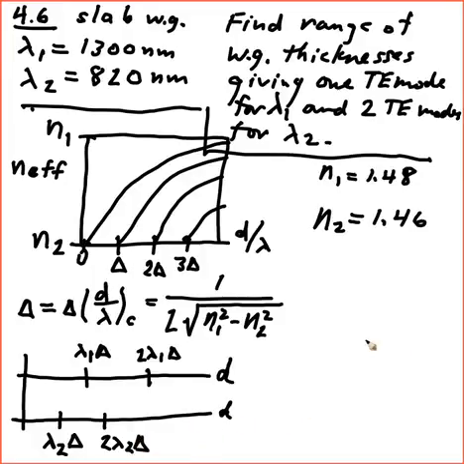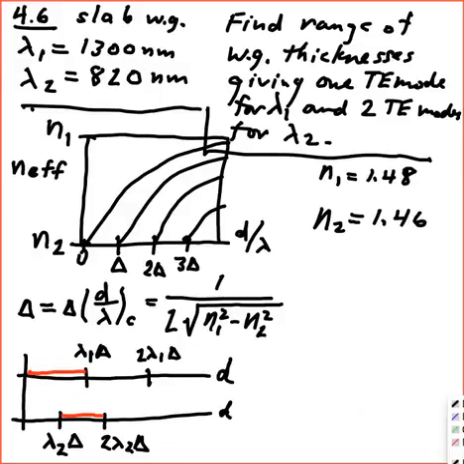And now we're interested in the range of d values where we have 1 TE mode for lambda 1 and 2 TE modes for lambda 2. 1 TE mode for lambda 1 occurs in this range, and 2 TE modes for lambda 2 occurs in this range.